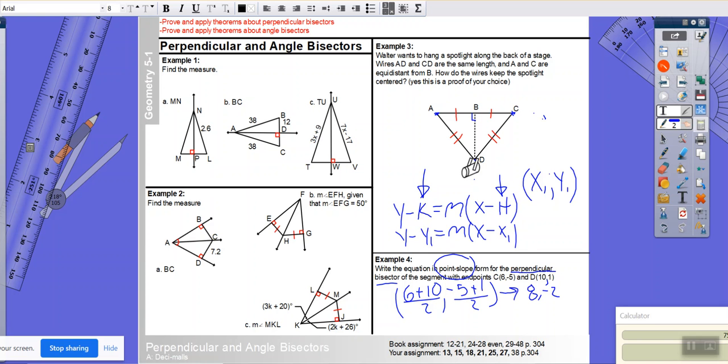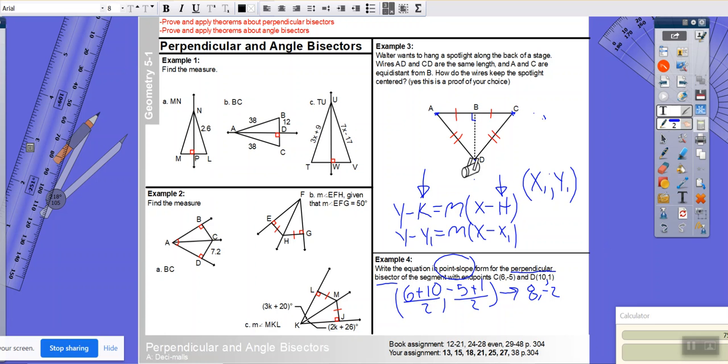All right. And so what about the slope of this line? I found the negative slope, 2 thirds. Okay, so the slope is 6 over 4. But then the negative.